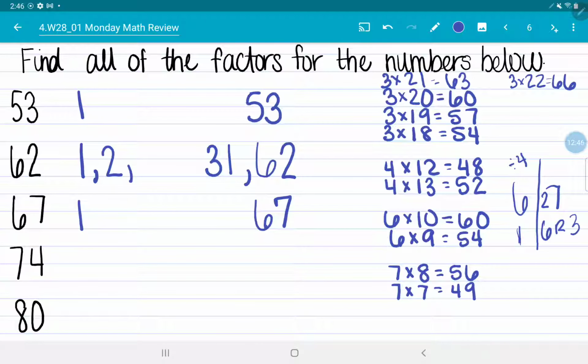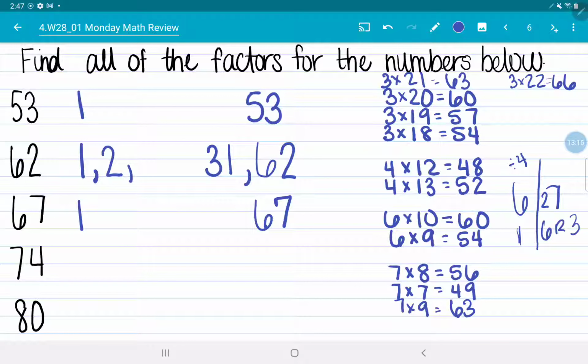Nope. 7 times 9 equals 63, and then we would go to 70, so that's not going to work. All right, 8. Nope. 8 times 8 equals 64. That's as close as we could get. 9. 7 times 9 was 63, so we know that won't work.